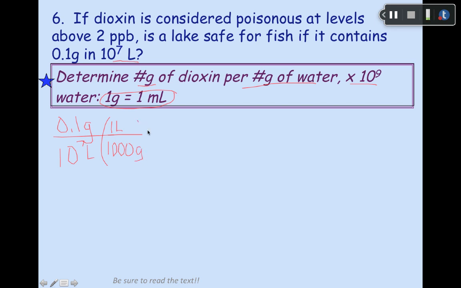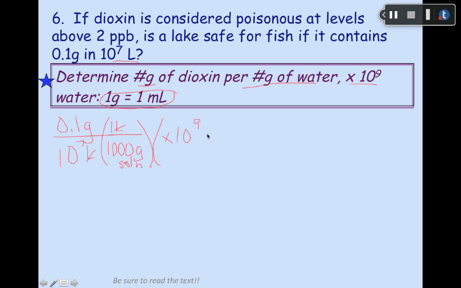It's the same thing. And so that simplifies that part a little bit. We didn't want liters anyway. And now we can get rid of the grams on this would be the solution, sorry, or the water. And then we have to just convert the top one also to do anything. No, we don't. We have grams already. So let's just take and multiply it times 10 to the 9th.